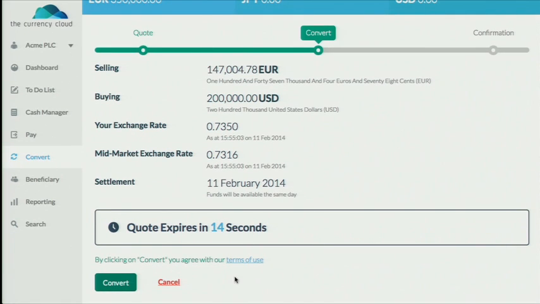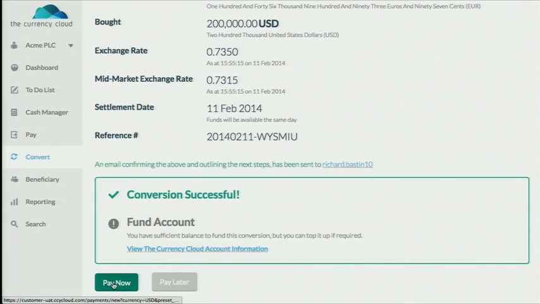They go on to CloudX. They purchase their phones. One thing about the Currency Cloud in terms of what we provide to our customers is fully transparent pricing. So we disclose to everybody the rate that they're paying. We disclose the rate that we're paying. And we show the mid-market rate. So everyone is really in the know about what the quotes are and how much they're paying for the currency.